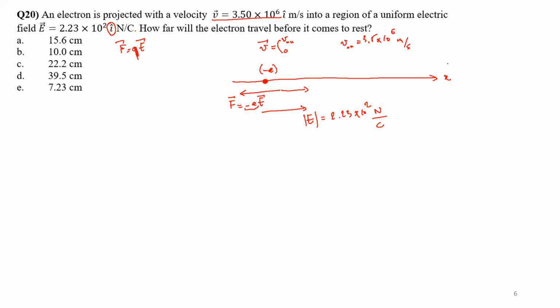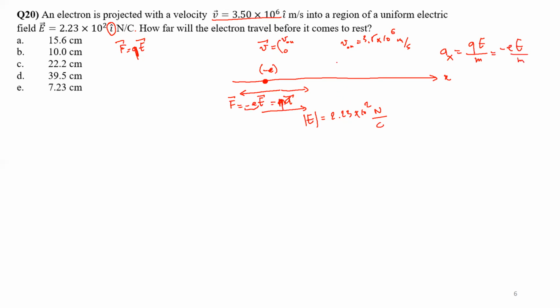Good. So I can get my acceleration. As we said, the acceleration here will be along negative x, and it will be just what? This is F = ma, so the acceleration is just qE divided by m. q here is negative, so I will have minus eE divided by m.